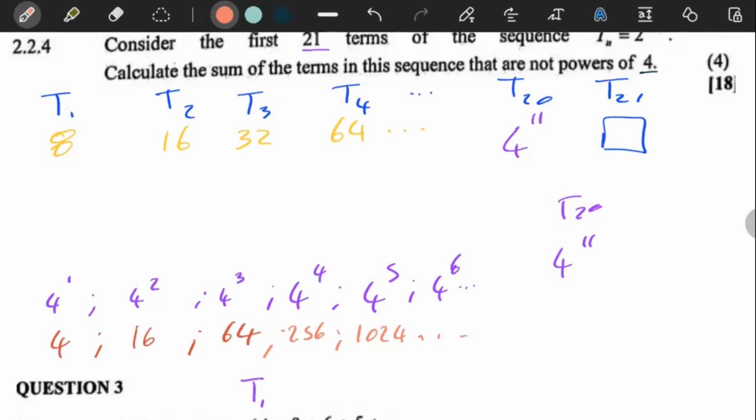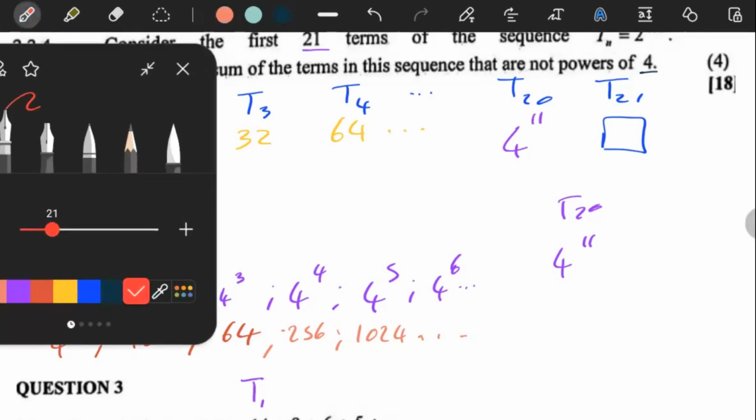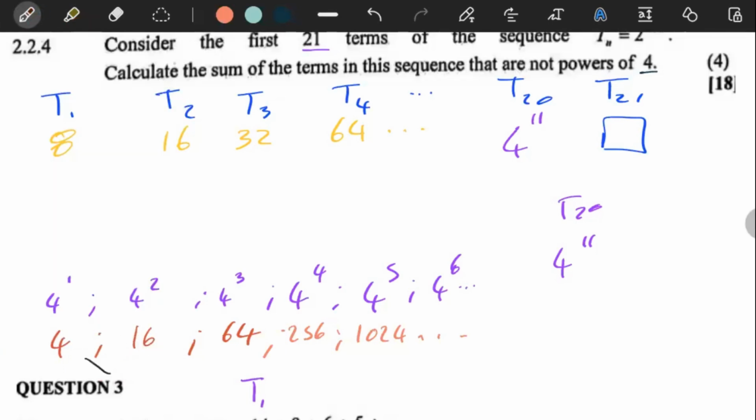So, what do we notice here? Technically, logically speaking, powers of 4, right? I mean, the logic is you're just multiplying by 4 all the time. However, here you're just multiplying by 2 all the time.